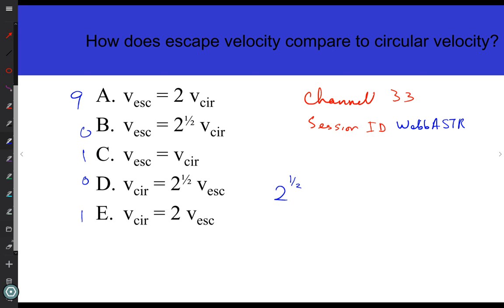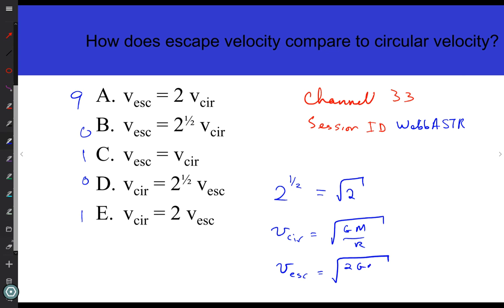That means the square root. And the equations were V circle equals the square root of GM over R, and V escape was the square root of 2 GM over R. So how do the 2 relate? Which one's bigger?